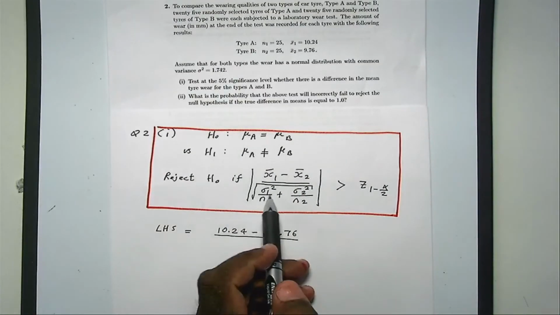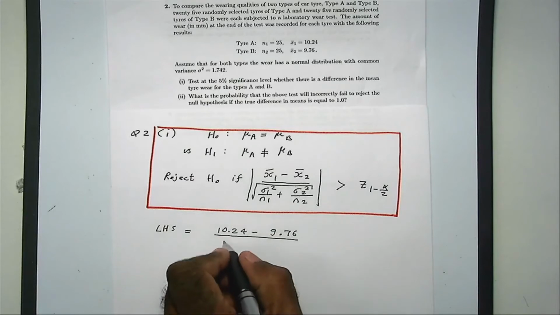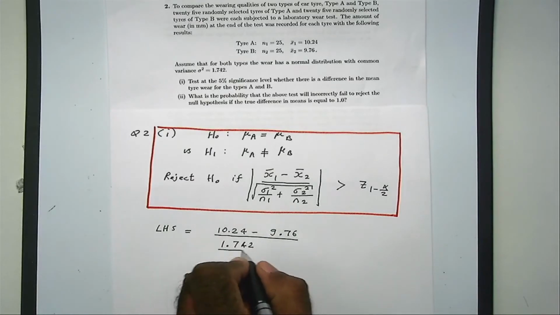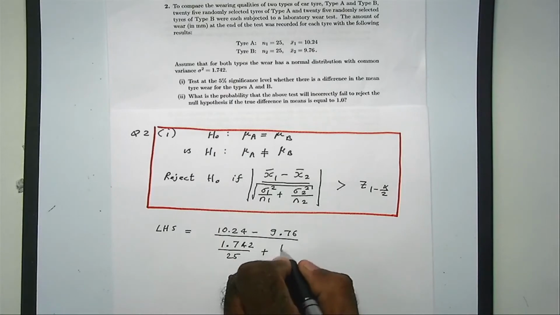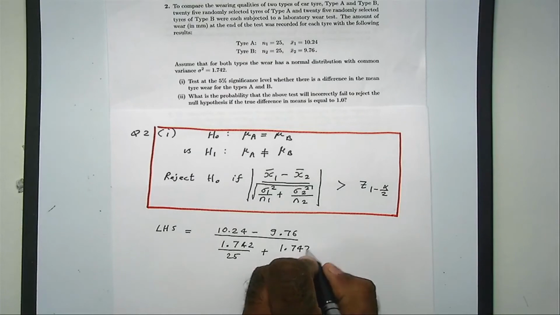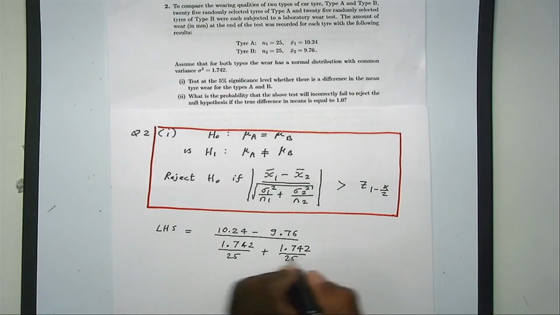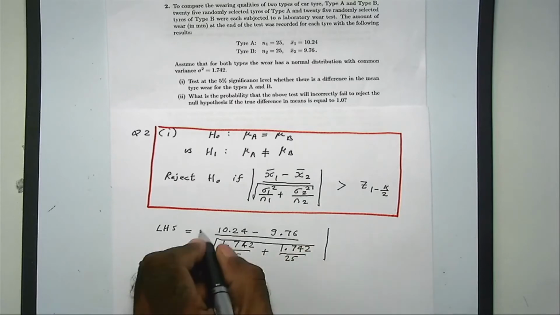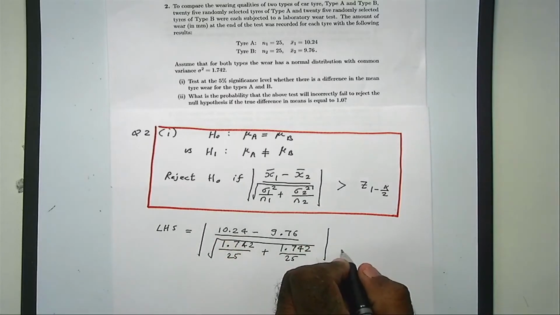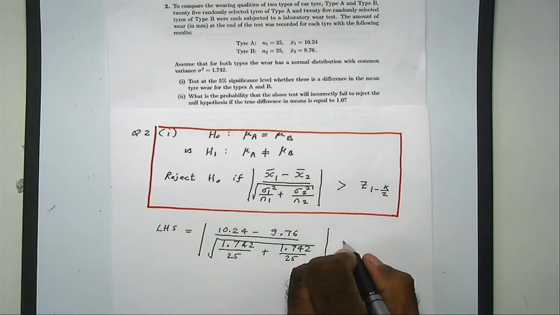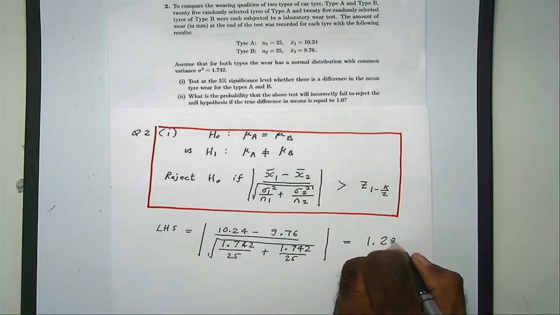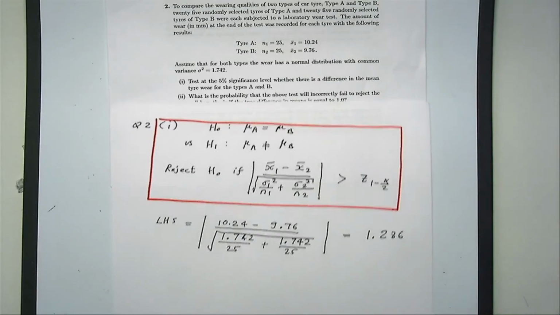So both these are equal to 1.742 divided by 25, the sample size. This is also 1.742 divided by 25. And you take the absolute value of this, and you will get this to be equal to 1.286. So that's the left hand side.